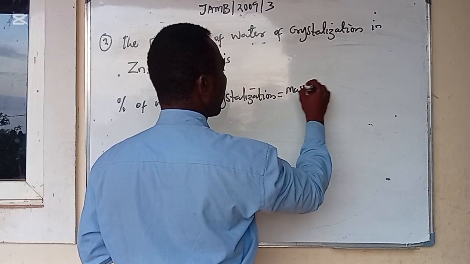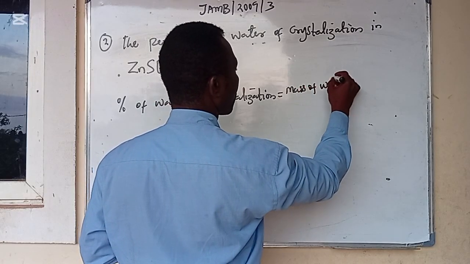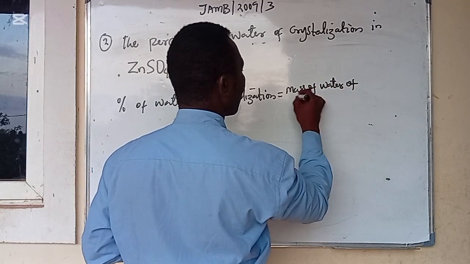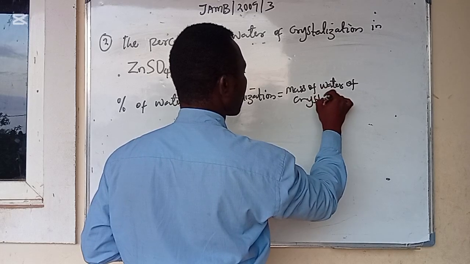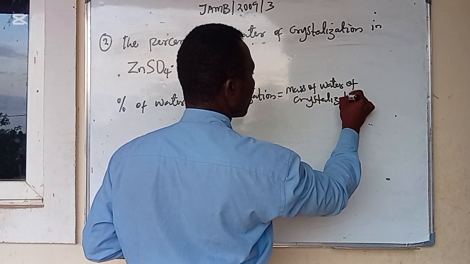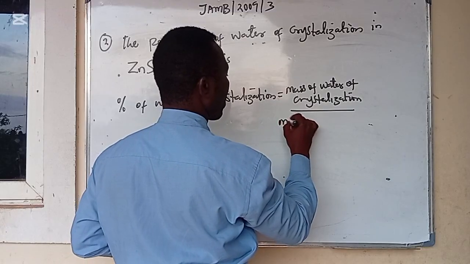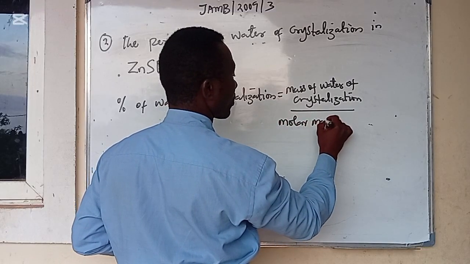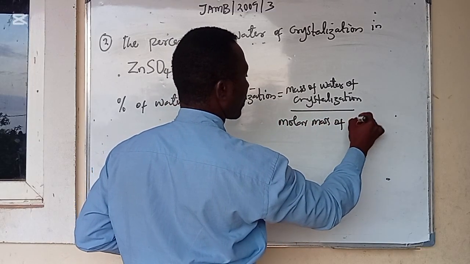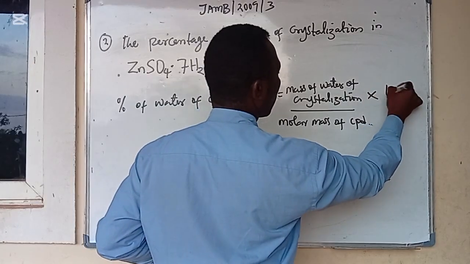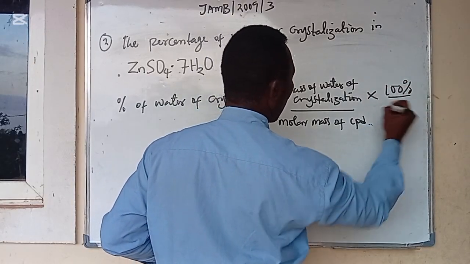Mass of water of crystallization, all over molar mass of compound, multiplied by 100% over 1.